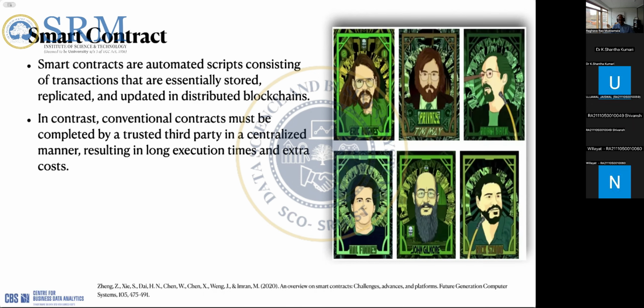In a way, you can say that smart contracts are nothing but automated scripts containing transactions that can be stored, replicated, and updated on distributed blockchains.